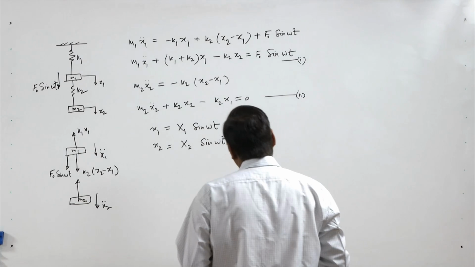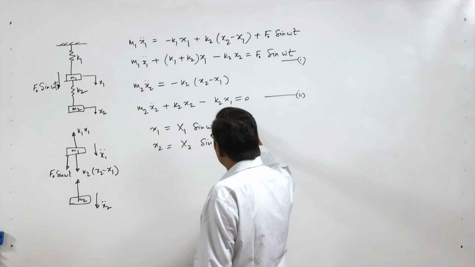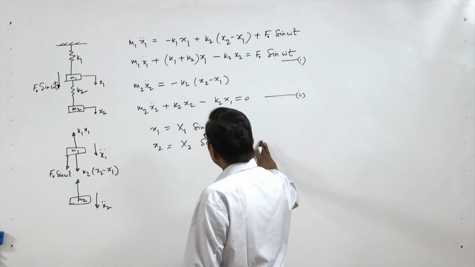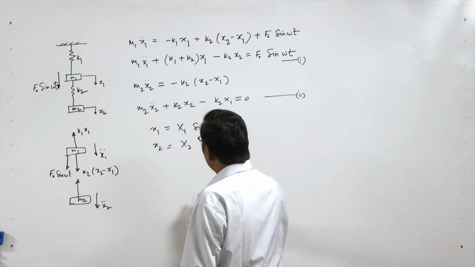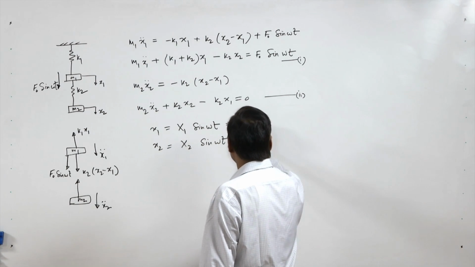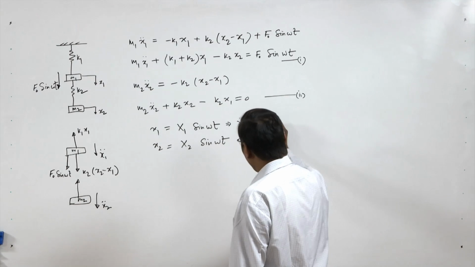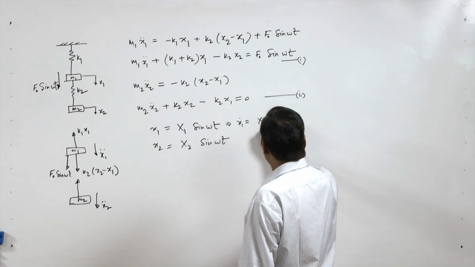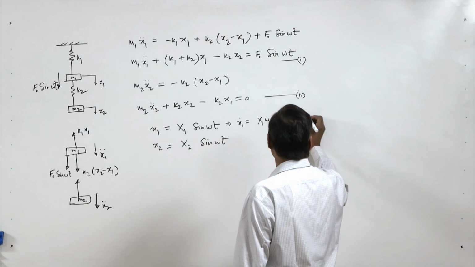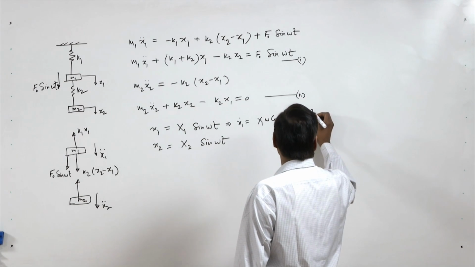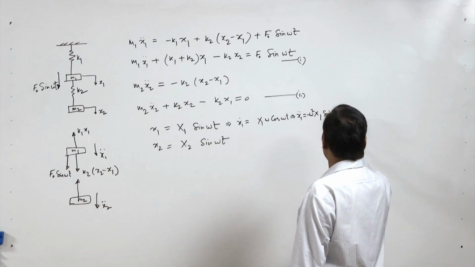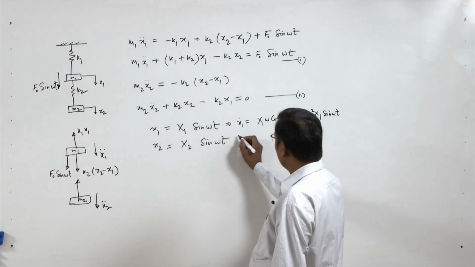Now we can put these values in equations 1 and 2. So x1 is X1 sin omega t, so x1 dot is X1 omega cos omega t, and x1 double dot equals minus omega square X1 sin omega t.